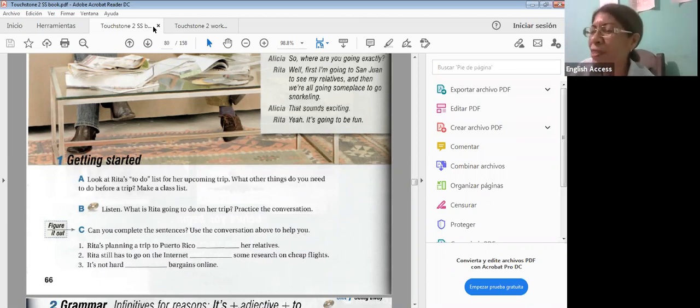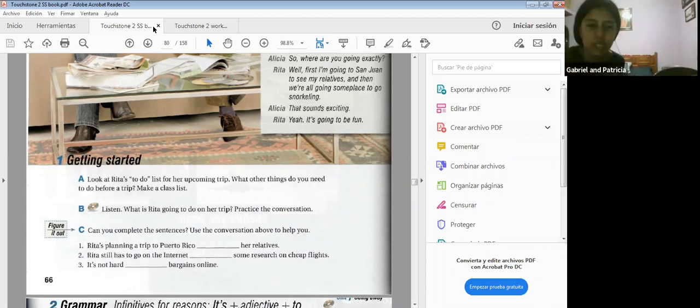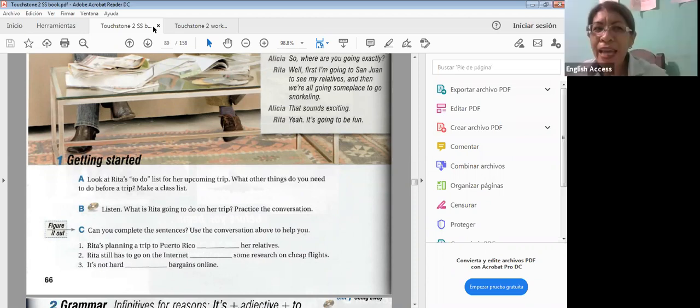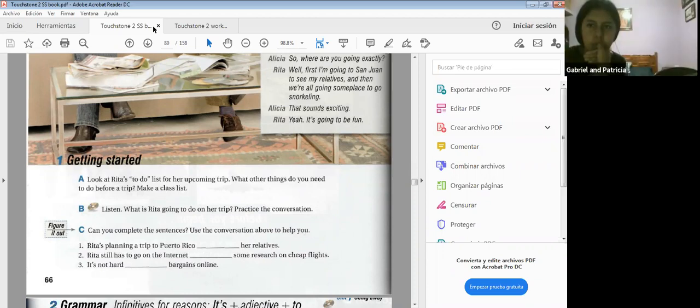There are a lot of stores, I mean, a lot of clothing stores. Let's imagine that you want to buy a pair of jeans and you ask for the price. Oh, how much is that pair of jeans? And the person says, oh, it's 200 pesos.